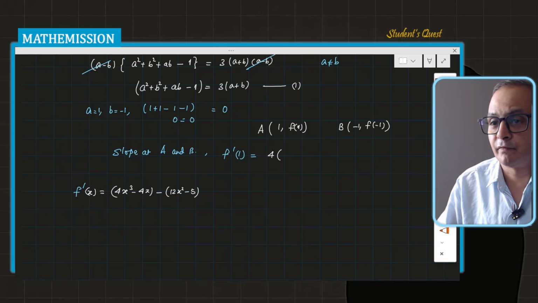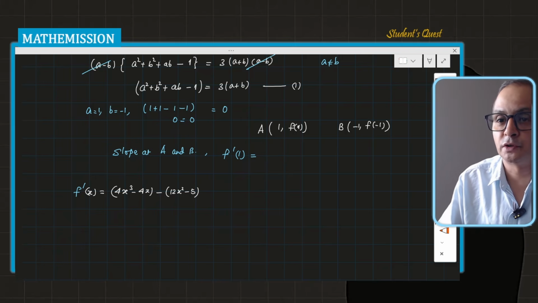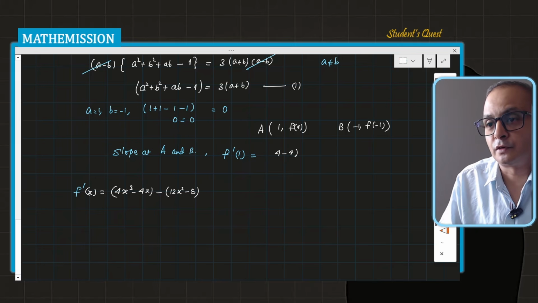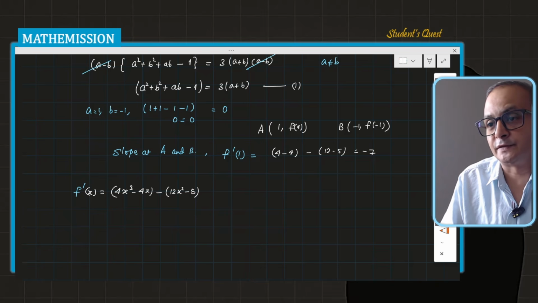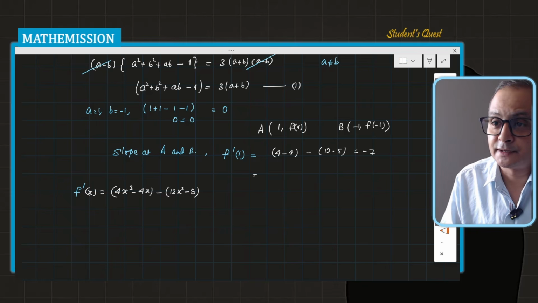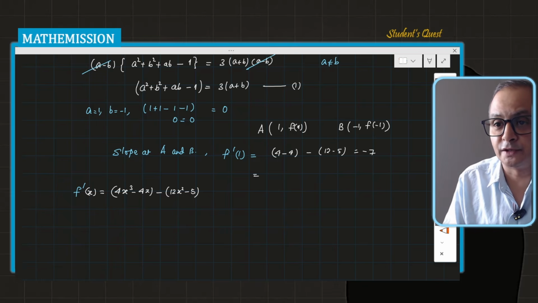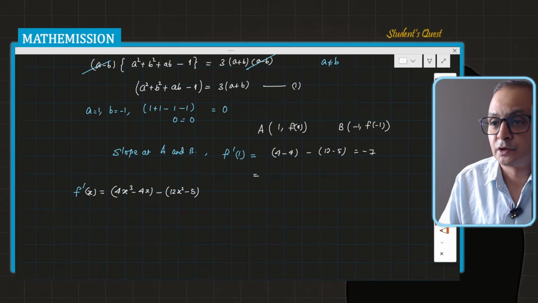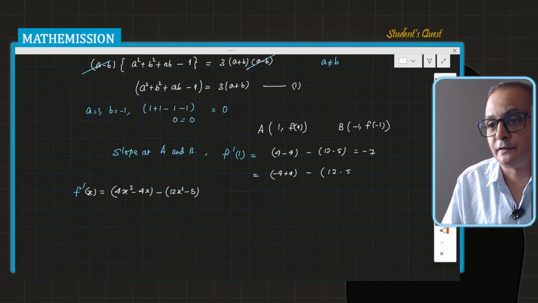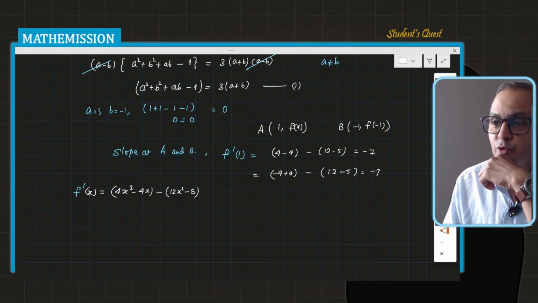We get 4 times 1, so 4 minus 4, and this is minus 12 minus 5, so the slope is negative 7. And at minus 1 also this will become 0, you see. So that is also minus 4 and plus 4, and here we get again 12 minus 5, and that is going to be negative 7. So at both points we are getting the slope negative 7.